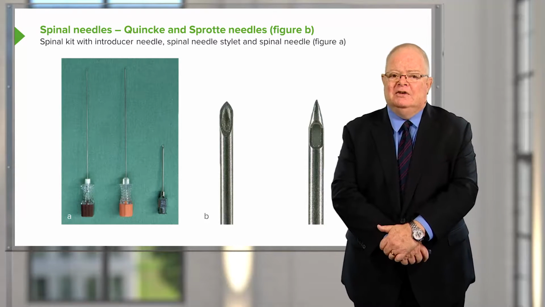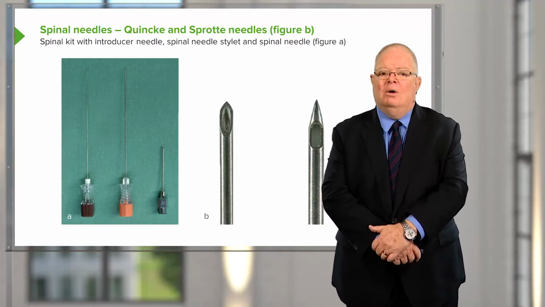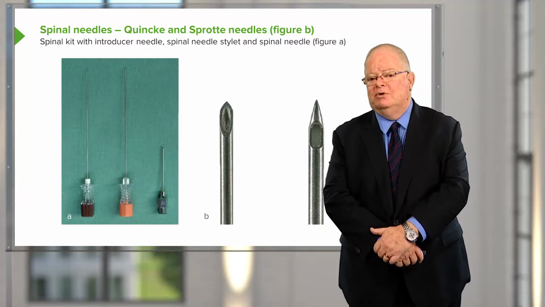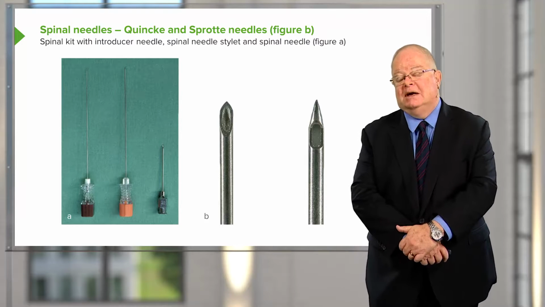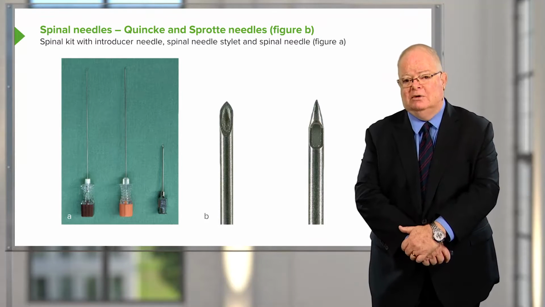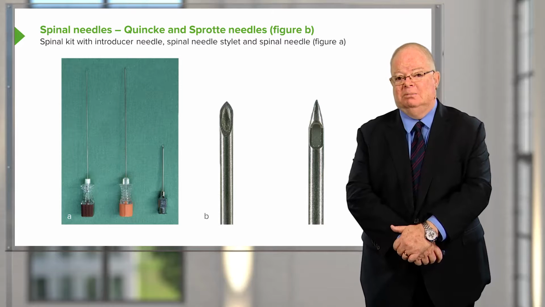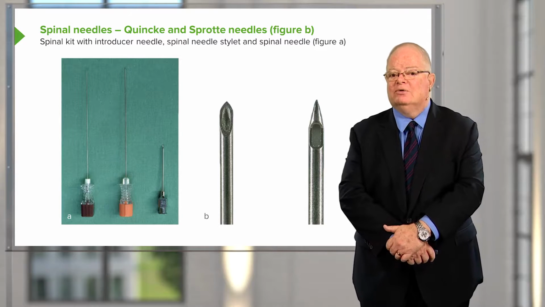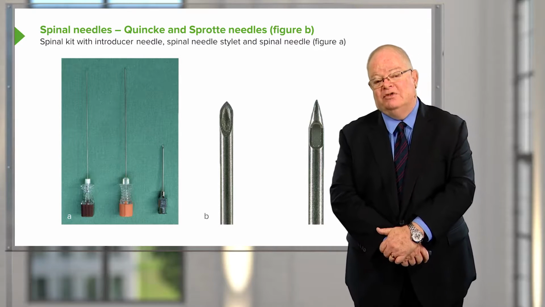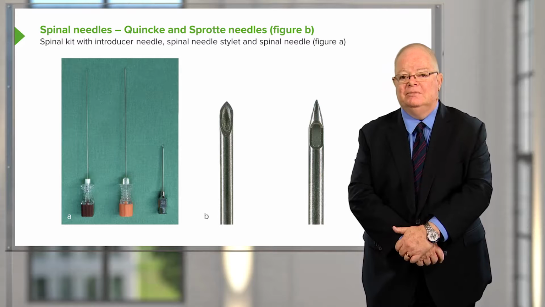The problem with this needle is that it caused holes that were big enough for cerebrospinal fluid to continue to leak out of the central nervous system after the block was in place. And this could lead to extremely severe headaches, which were sometimes quite difficult to treat.